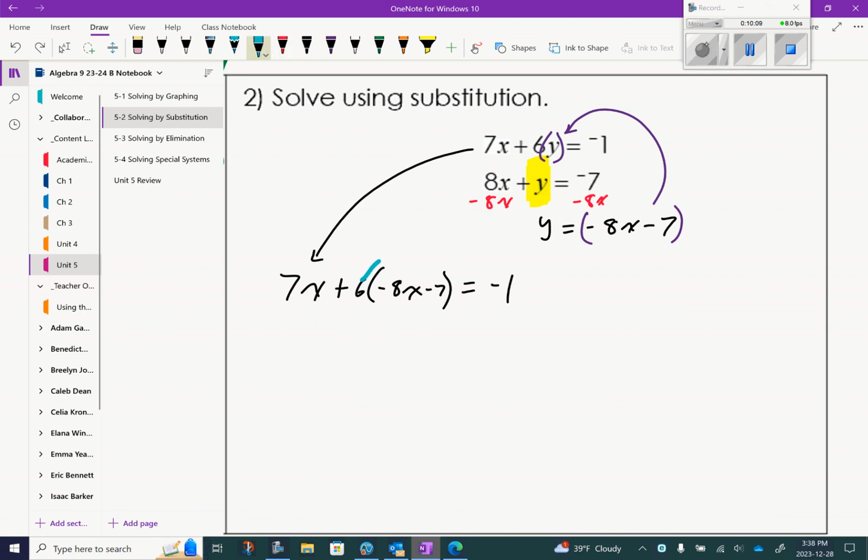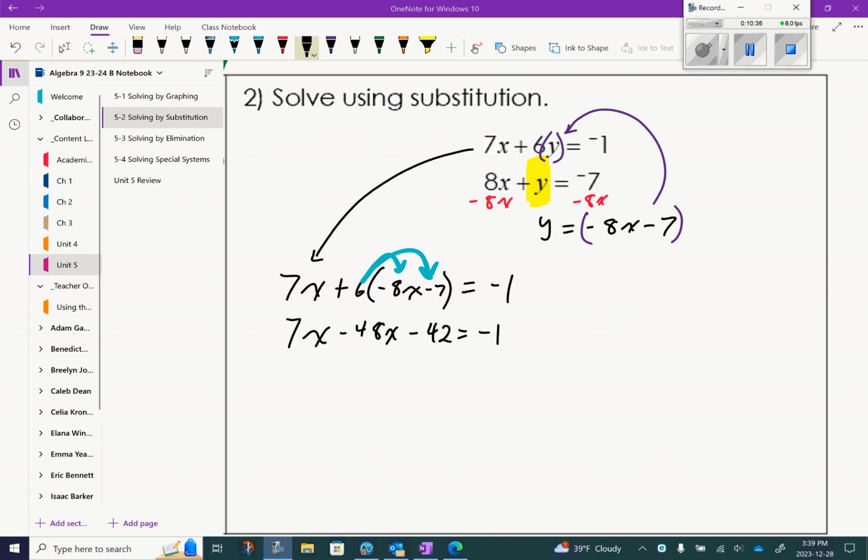All right, so next thing I need to do here is the distribution. Get rid of that set of parentheses. So 6 times negative 8x will give me negative 48x. And then 6 times negative 7 will be minus 42.